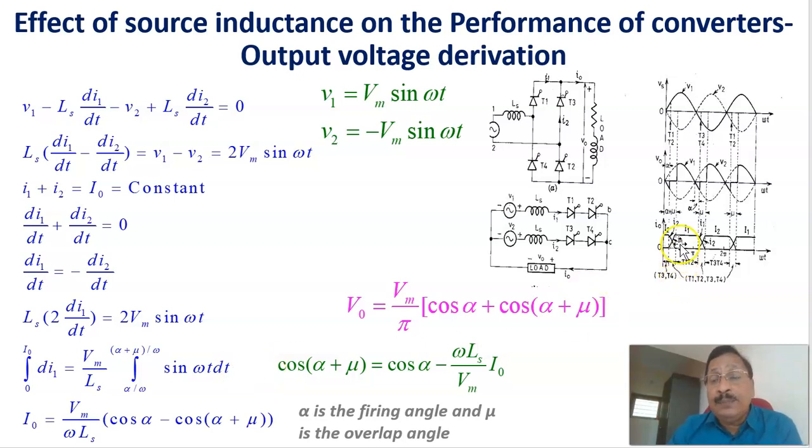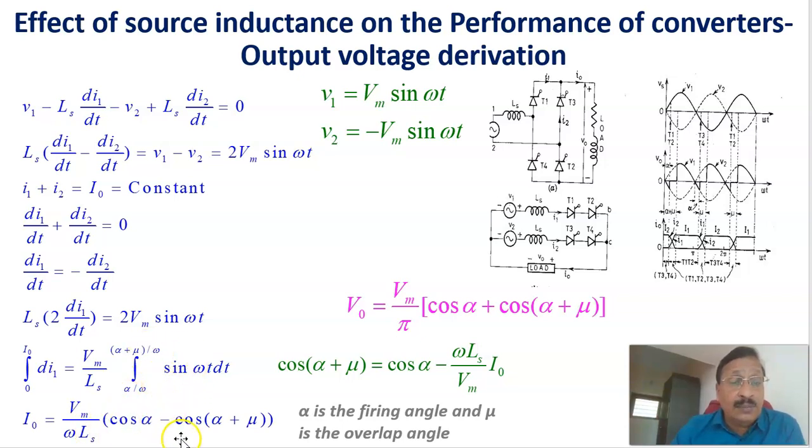The time is changing from alpha by omega to alpha plus mu divided by omega. Substituting this, I1 equals I0 minus 0, or I0, equals Vm by omega Ls.